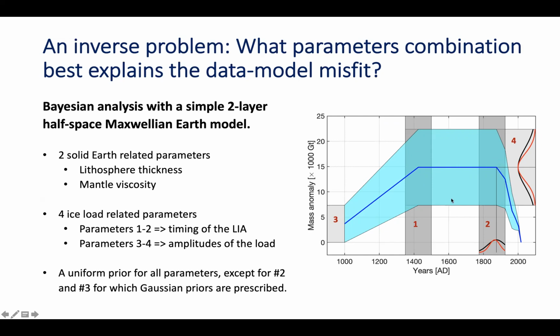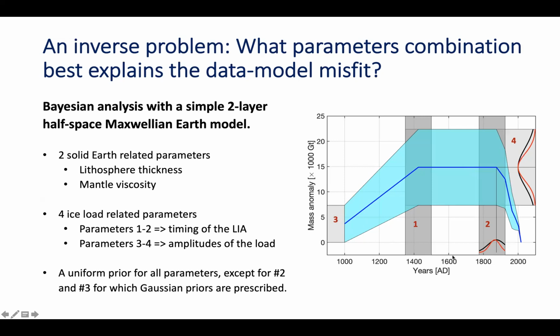But during the Little Ice Age, there is limited information that allows us to do any better than what we have here. So basically, we assume the ice sheet does not really evolve in terms of its mass during the Little Ice Age, and there's a gradual buildup of the Little Ice Age emerging from the medieval warm period.